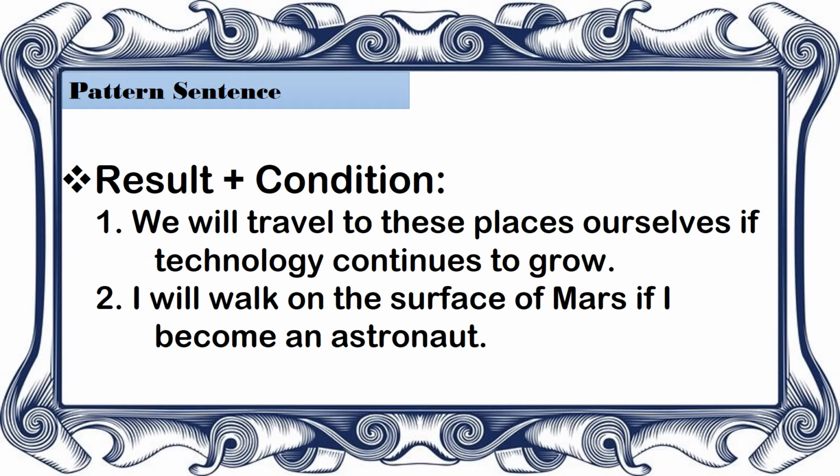Now, in finding the condition, as I've made mention earlier, always find the word if. After ourselves here, you can see if, and that's when the condition begins. So from we will travel to these places ourselves, that is the result. And then from if technology continues to grow, that is your condition.